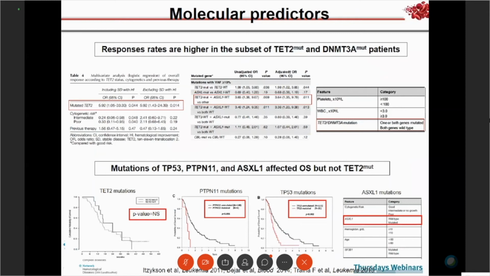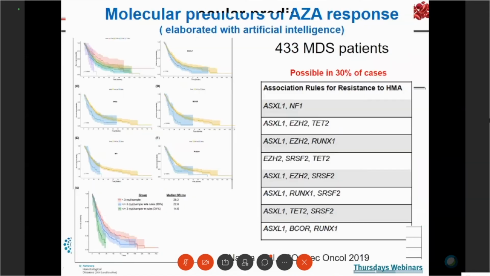But these data have not been confirmed in all the studies carried out afterwards. This is a very interesting study that employs artificial intelligence and machine learning methods.